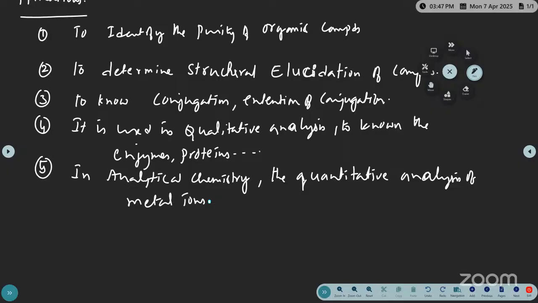C is the concentration of the solution. X is the medium thickness. So finally, the absorption of the radiation is directly proportional to the concentration and thickness of the medium. That is Beer-Lambert's law. We can also say Lambert-Beer's law. Either way we can say it.